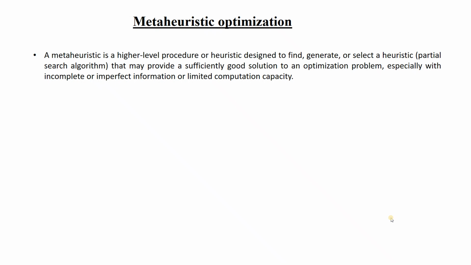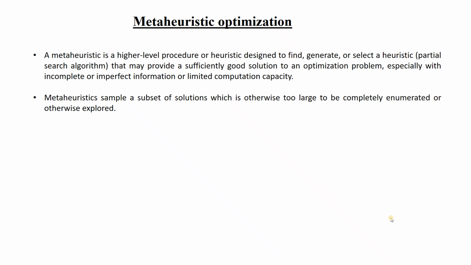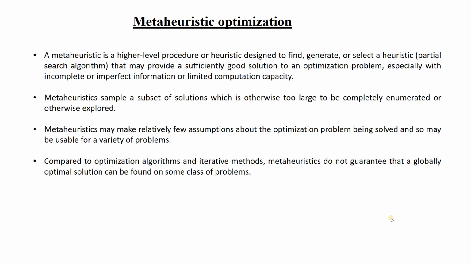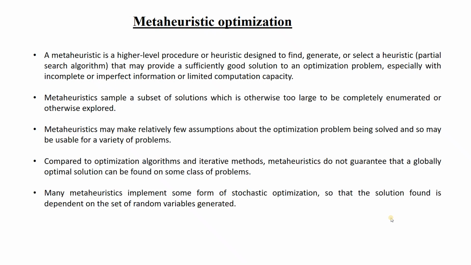So generally it is a technique where it will start with some solutions and then proceed further till we get the better solution, the perfect solution for the optimization problem. Meta-heuristics sample a subset of solutions which is otherwise too large to be completely enumerated or otherwise explored. Meta-heuristics may have relatively few assumptions about the optimization problem being solved and so may be usable for a variety of problems.